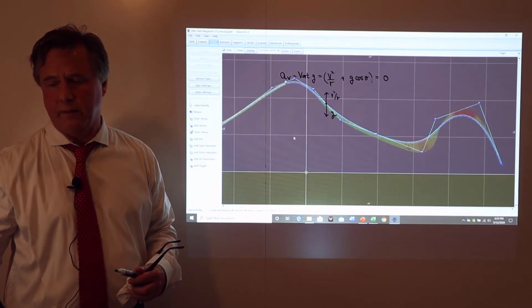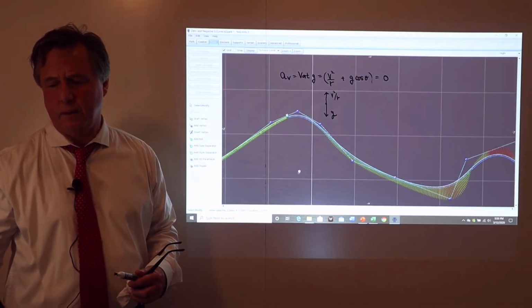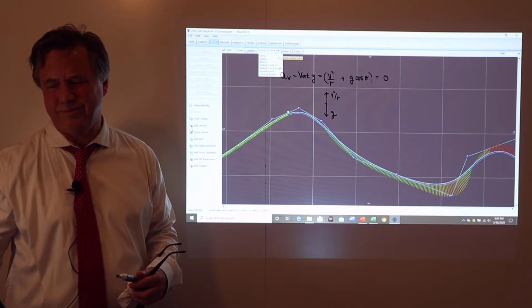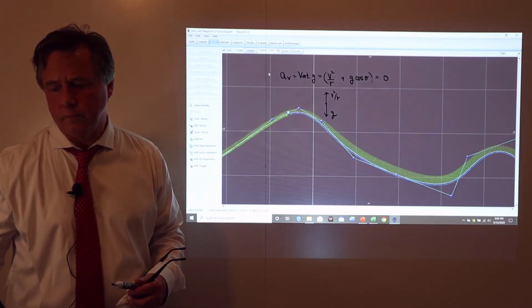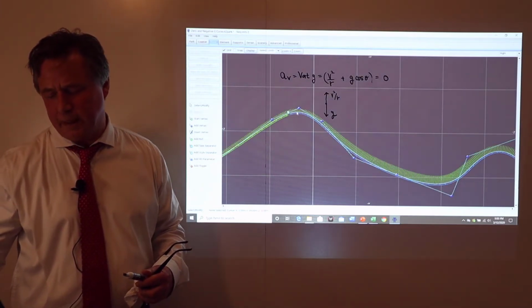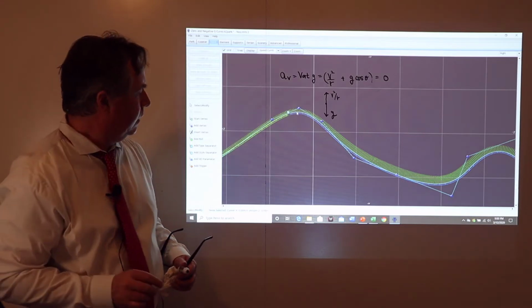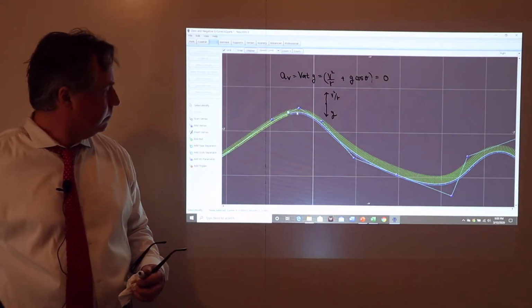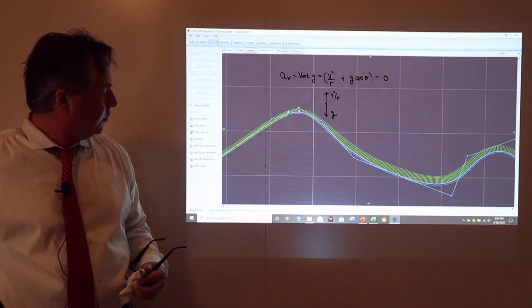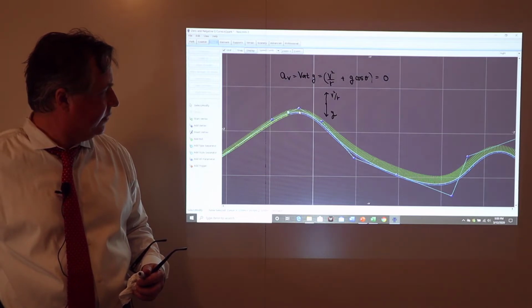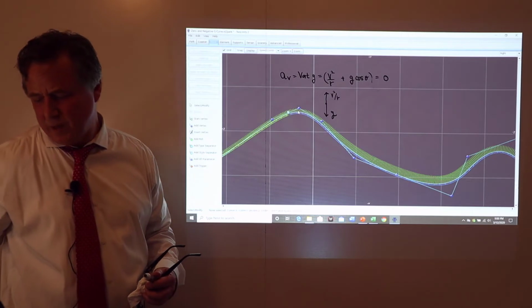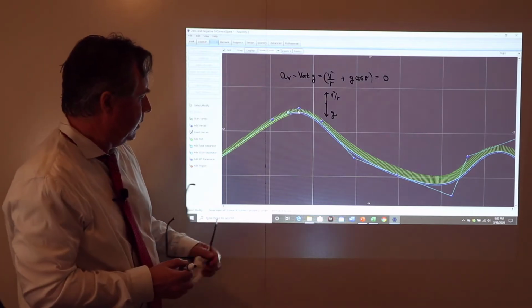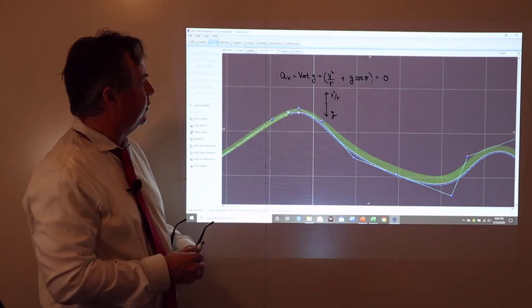So let's zoom in here, and we're going to look at speed. And the speed at that point, so we put our cursor on here, and it says the speed at that point is 27.1 kilometers per hour, rounded 27.2 kilometers per hour.